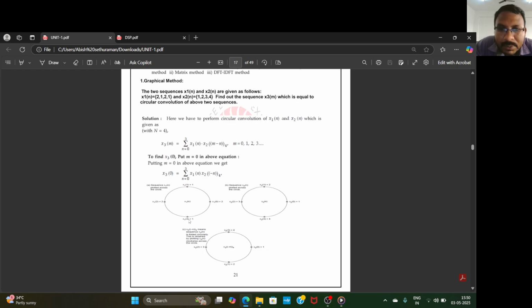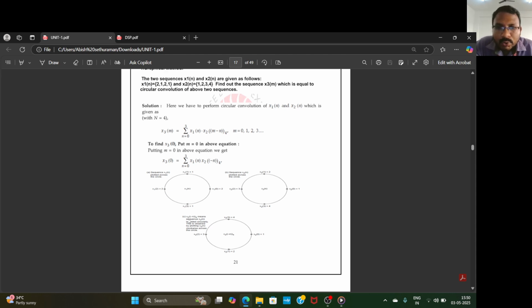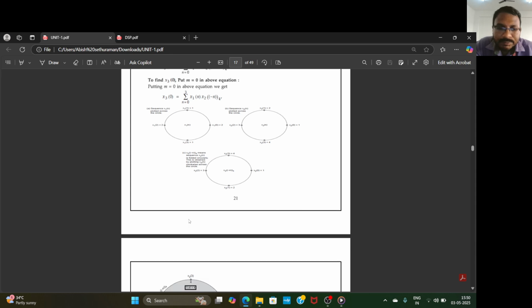Then after the x3 of k value, we take the inverse Fourier transform, and x3 of n is obtained. That is the circular convolution output.